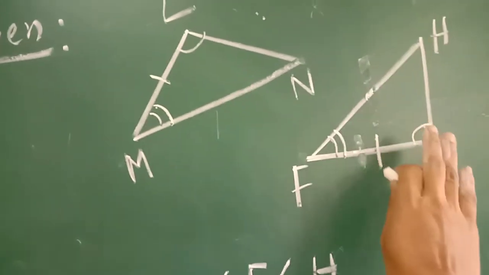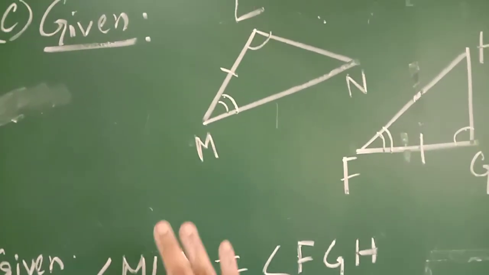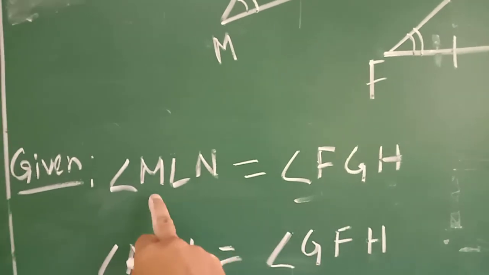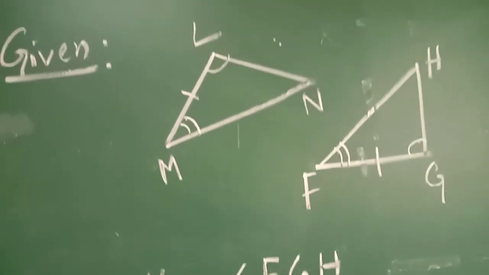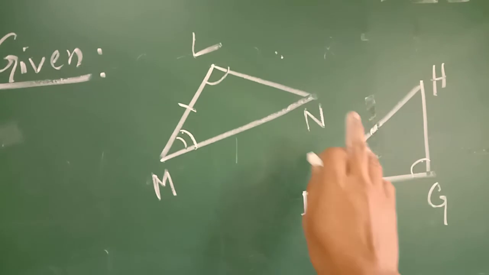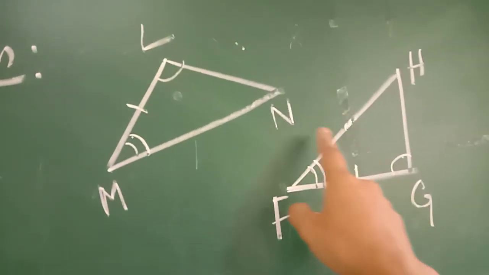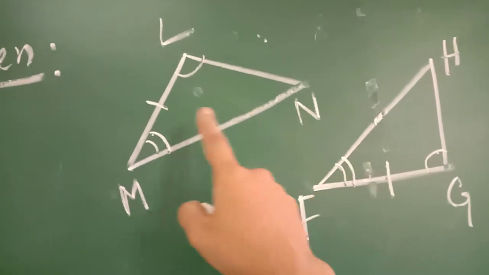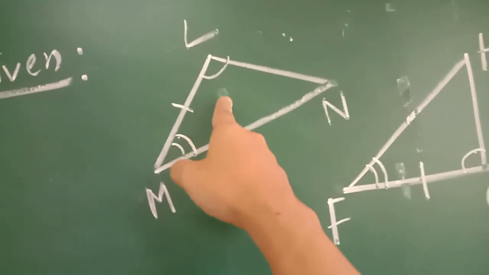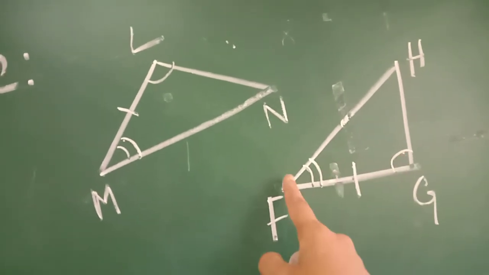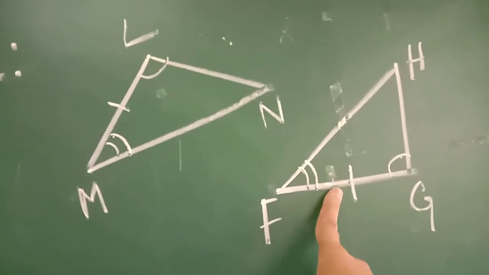Now what happened when these clues are given? I have just marked on the triangles whatever they have given. We have just followed this given portion, and I have marked the triangle. After marking, what you can see is that these two triangles have two angles and the included side of one triangle correspondingly equal to the two angles and their included side of the other.